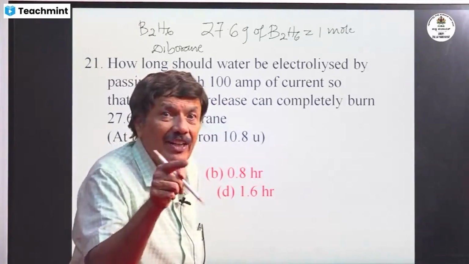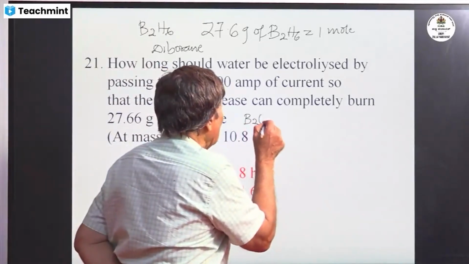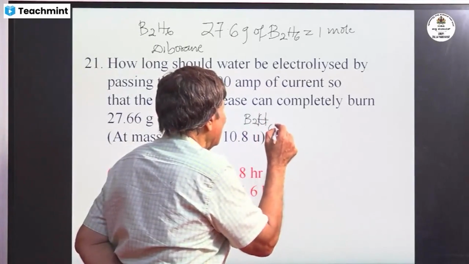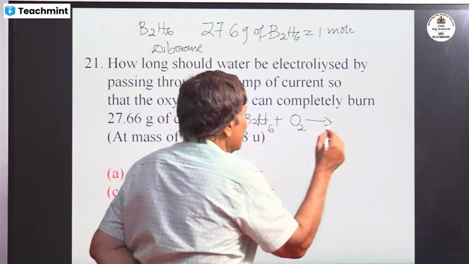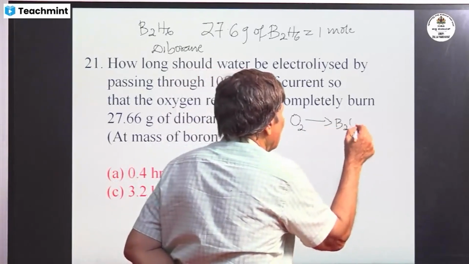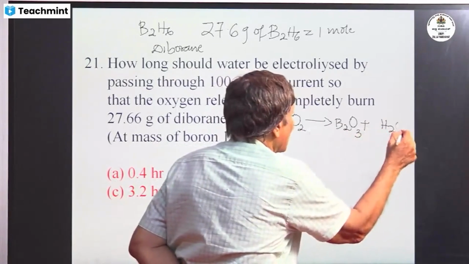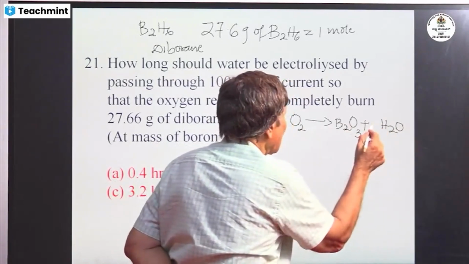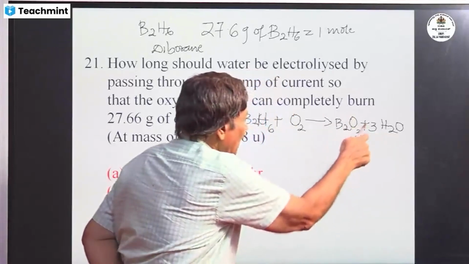Diborane, how does it burn? B2H6 plus O2. Boron is converted to B2O3. Hydrogen is converted to water. To balance it, B2H6 plus 3O2 gives B2O3 plus 3H2O. Oxygen, 3 plus 3, 6.